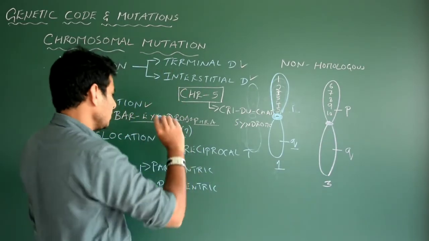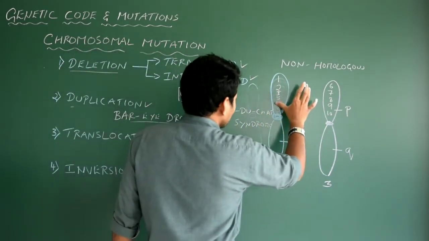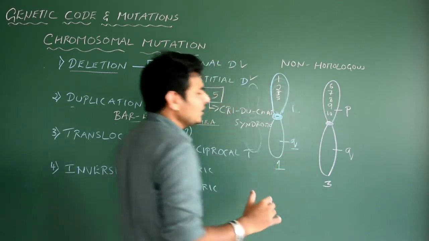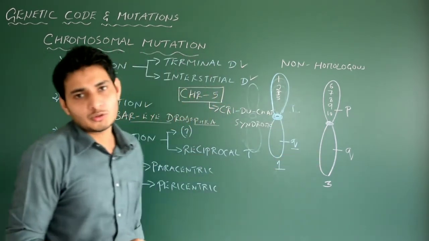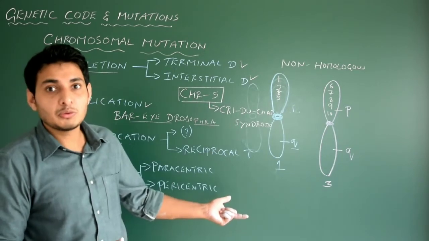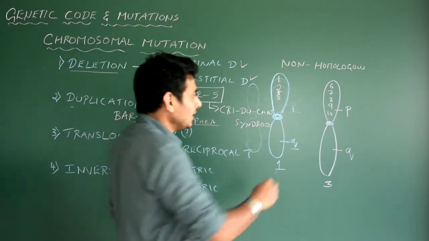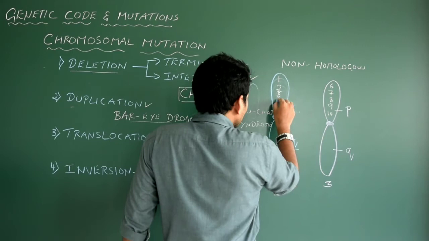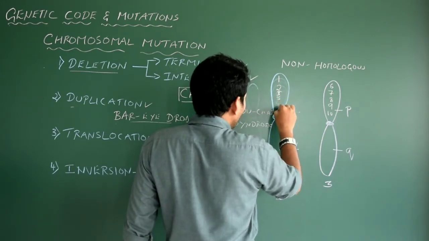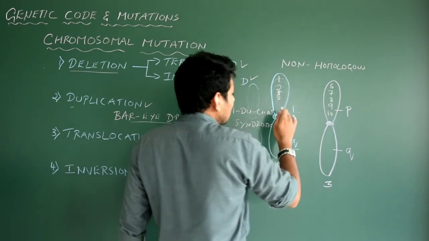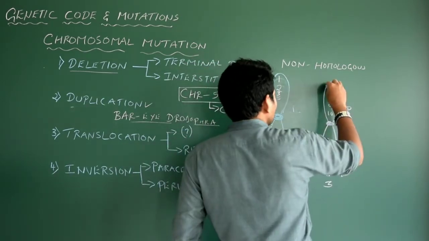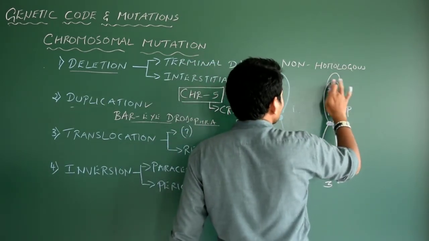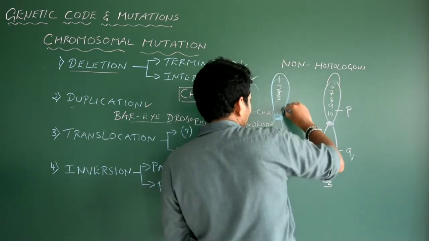Let us imagine crossing over is taking place between the two non-homologous chromosomes. Let us assume that this particular segment containing genes 4 and 5 is now shifted to this chromosome.